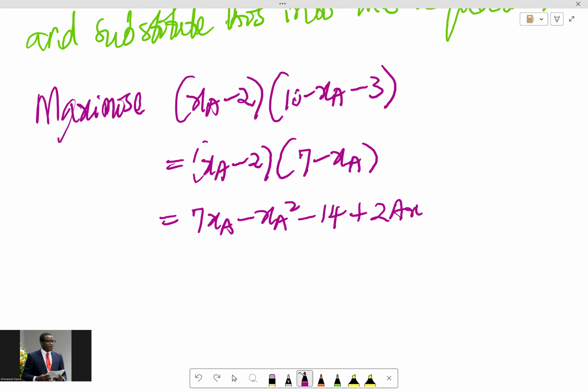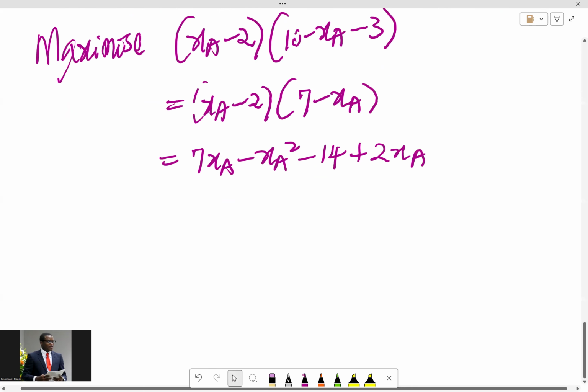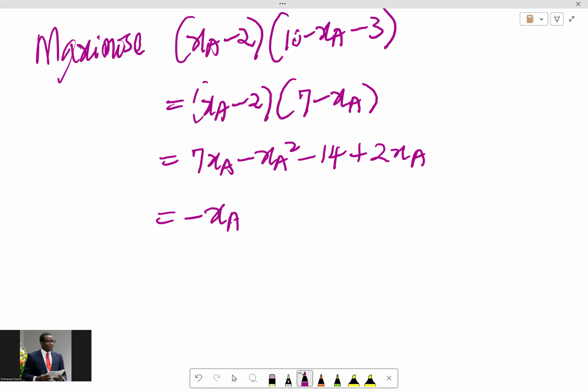Then 7XA plus 2XA, we can arrange in order of power. So we have minus XA squared plus 9XA minus 14. So that is the expression we have now, and we want to maximize this thing.